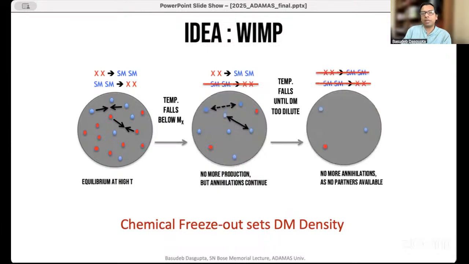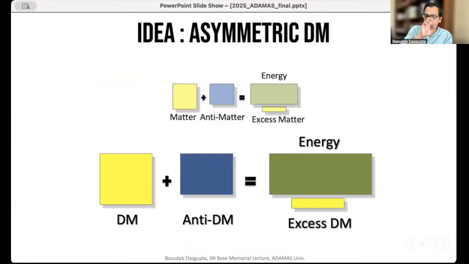Let me skip over it for now because I don't want to go over time, and move on to a related idea. The amount of dark matter that you see around us, for example, could also be determined by, well, maybe there is dark matter and then there is anti-dark matter and they annihilate, and whatever annihilates becomes just energy in the form of photons, let's say.